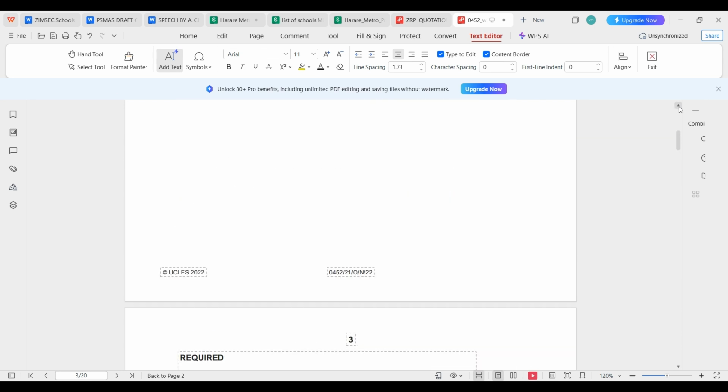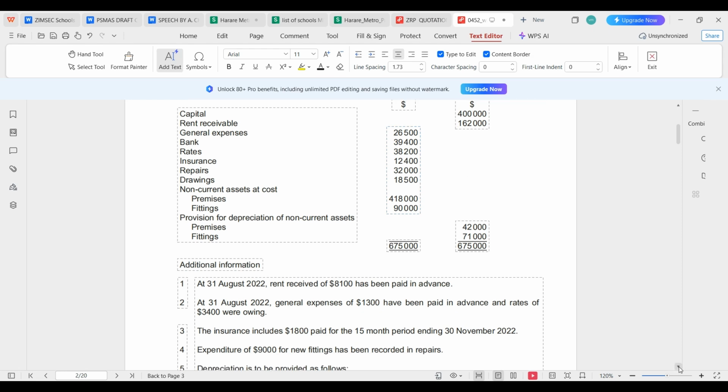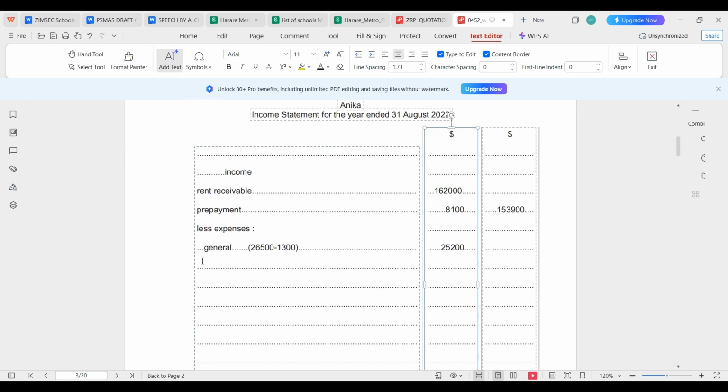I think if we're going back here, we're going to see that as part of our expenses, we also have rates. Rates are 38,200. So we come down again and we put our rates there. You also have to check if there are adjustments pertaining to rates.